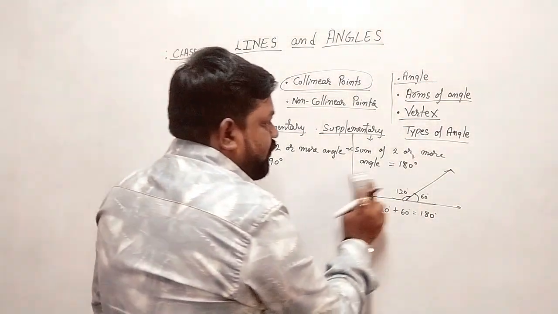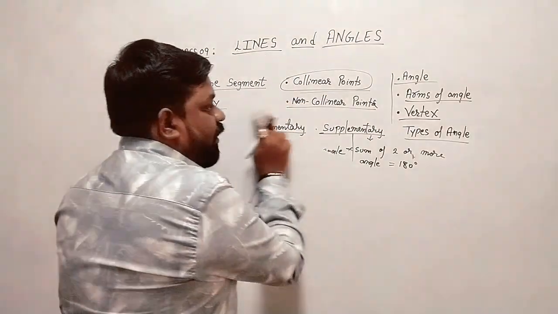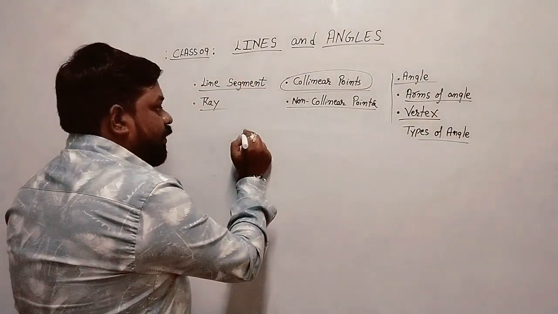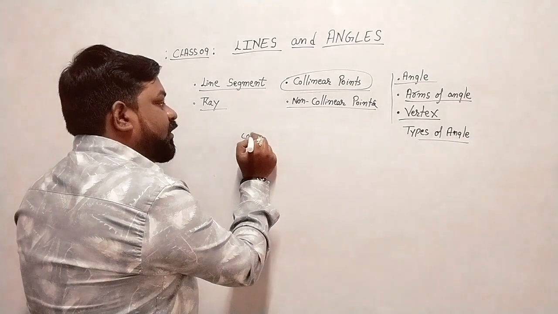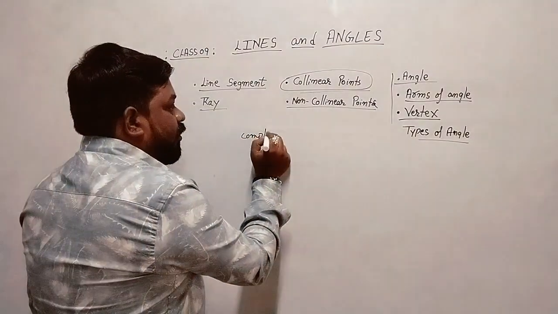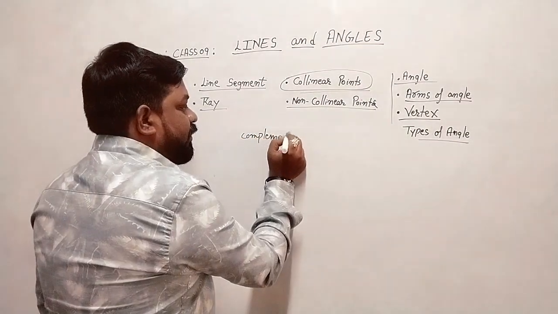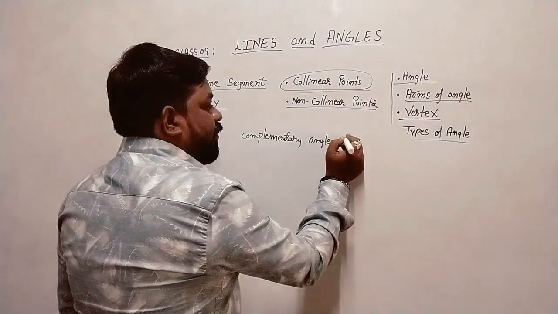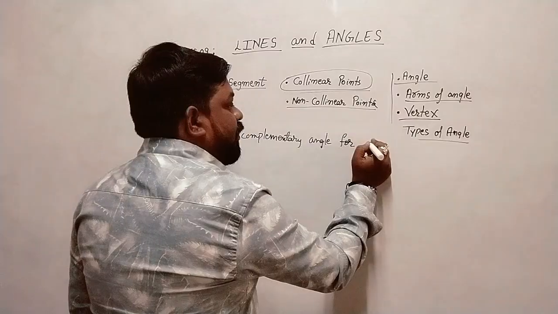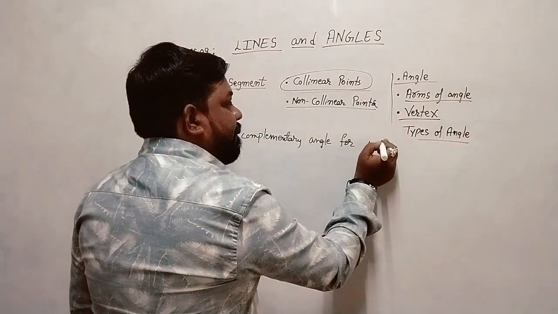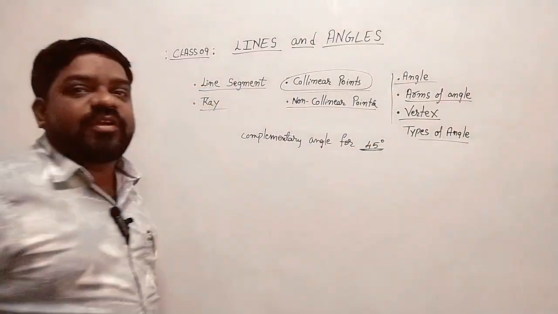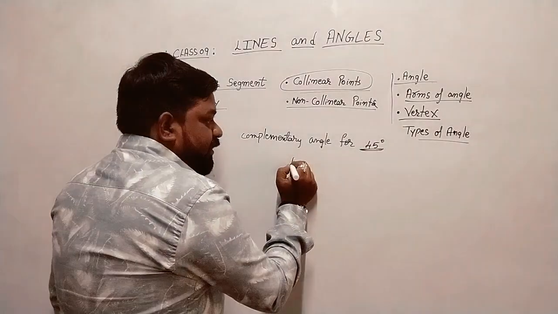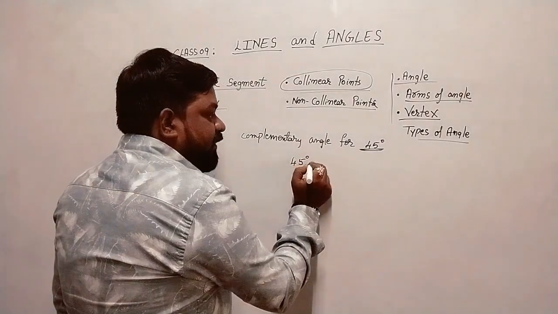We'll consider one more example for supplementary and complementary. Write the complementary angle for 45 degrees. So what will be the complementary angle for 45 degrees? I will consider another angle as x.